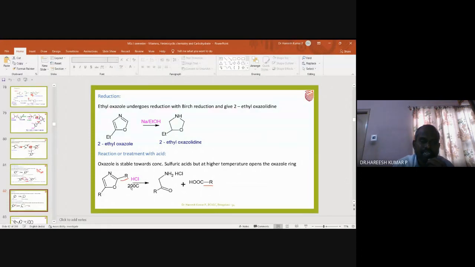So once this bond breaks, O is converted into OH, and then water is attacking here. So once there is a bond formation between this carbon and OH, then what will happen? The bond between the oxygen and OH comes over here, and this will pick up a proton. Again, this reaction is happening in presence of acid.